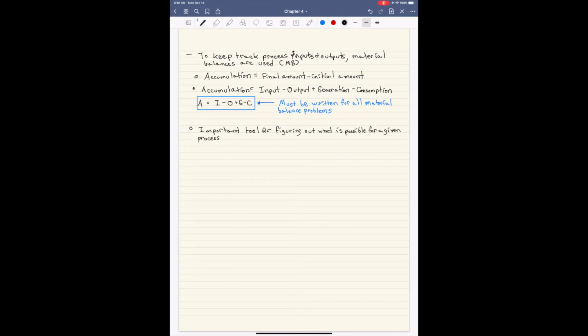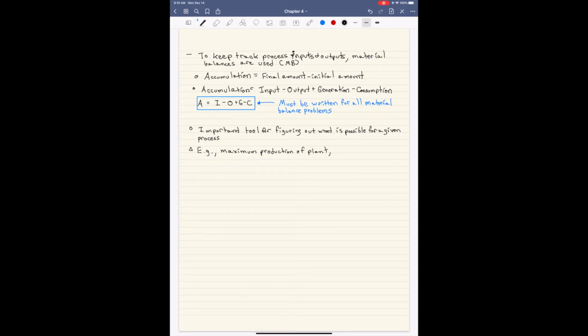For instance, using material balances, you could figure out the theoretical maximum production of a chemical plant.